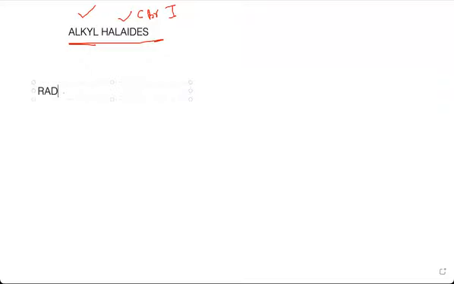Forget about free radicals right now. Simple radicals. What are radicals? Radicals are species which have one unpaired electron.